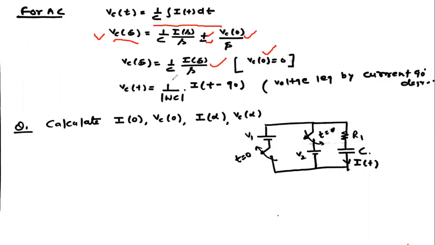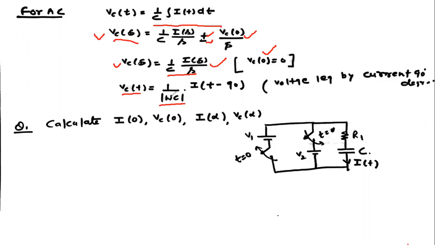Okay, so in the time domain, if we want to represent this equation, VC(s) is vC(t). The current I(s) is multiplied with 1 upon Cs. So the magnitude is 1 upon omega C, and the phase comes from 1 upon j omega.